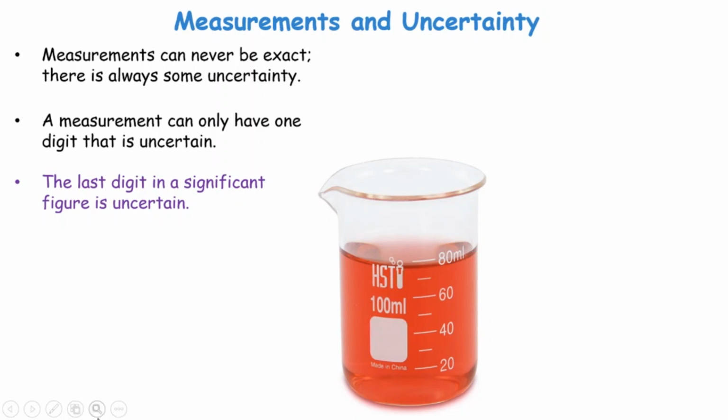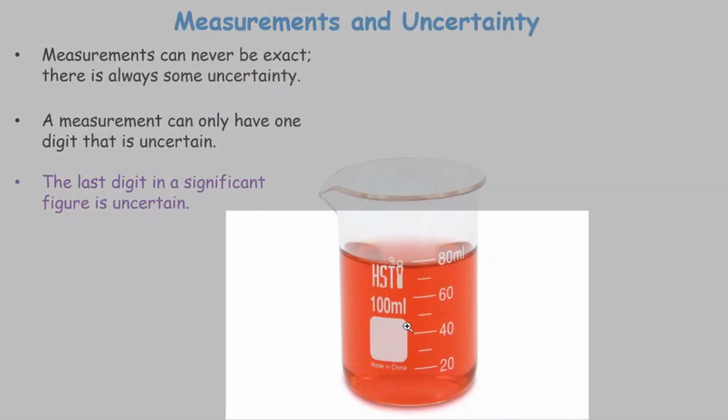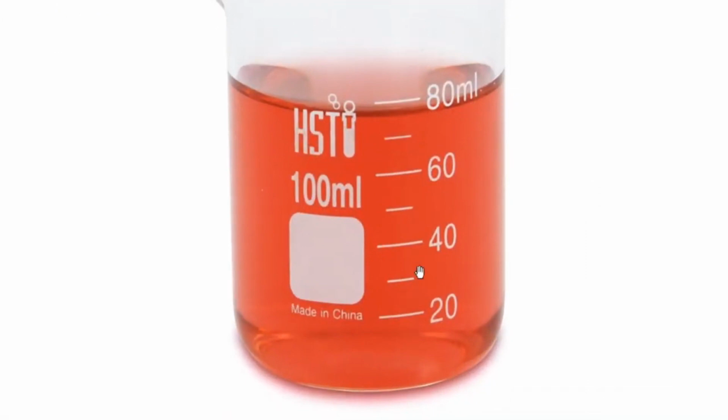If we read the volume of the solution in this beaker, what are the certain values? We know this is 60 and that's 80, so here has to be 70. We know for certain that the volume is larger than 70. Right in the middle between 70 and 80, that's 75.